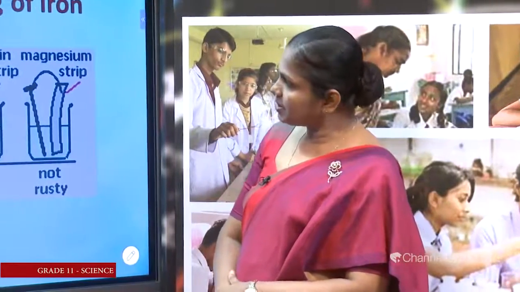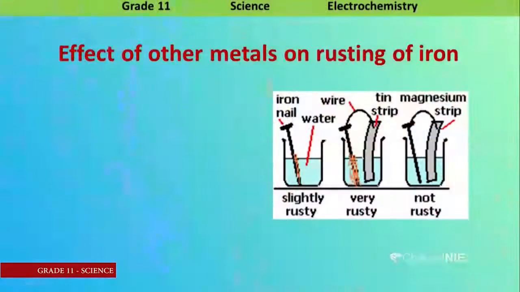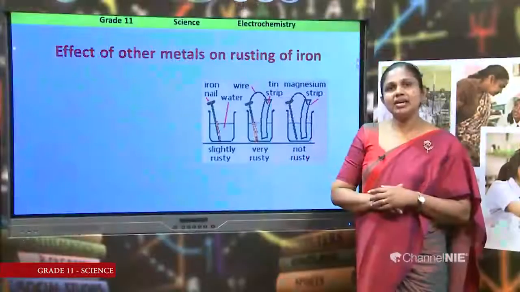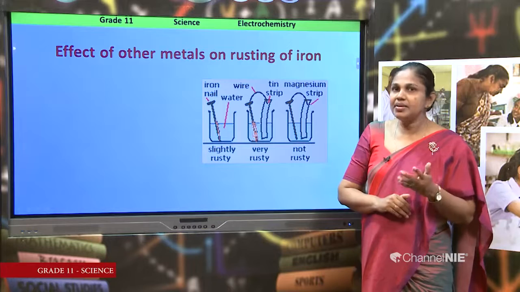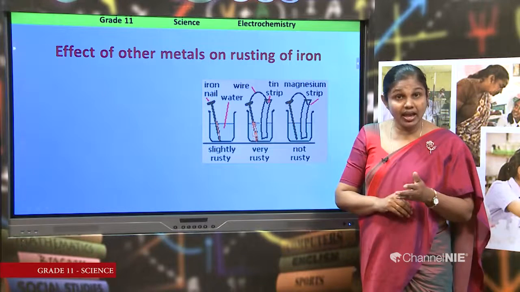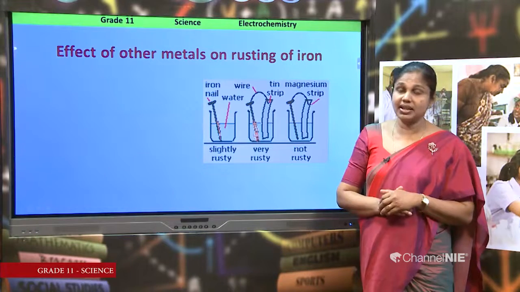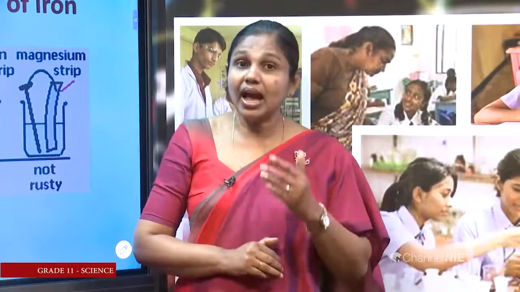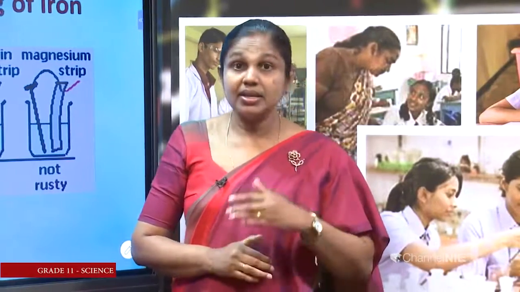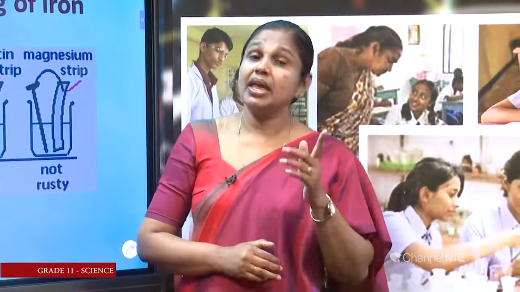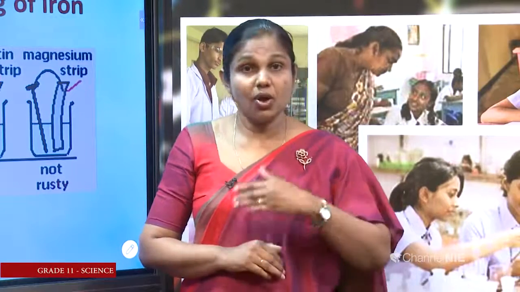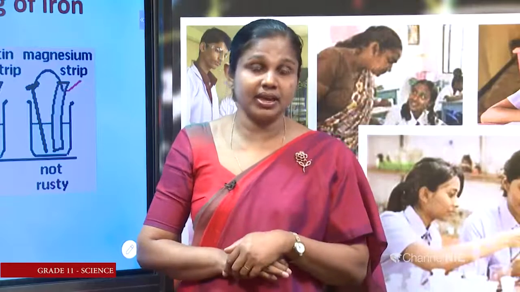What you can observe here: when the iron nail is in contact with a highly reactive metal than iron in the activity series, that highly reactive metal starts oxidizing first and it prevents oxidizing of iron.